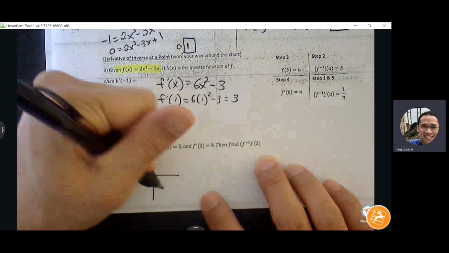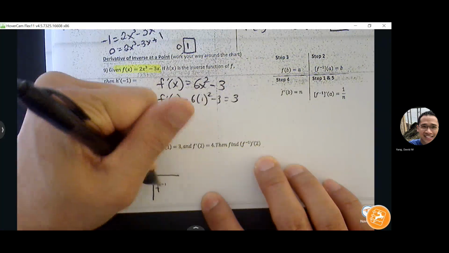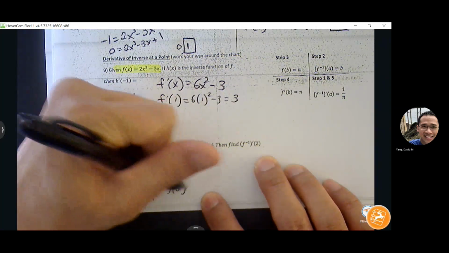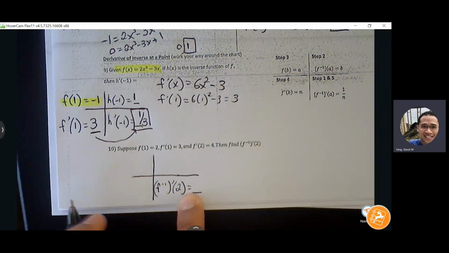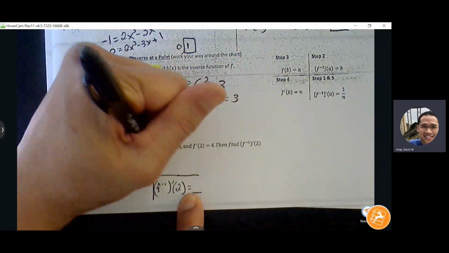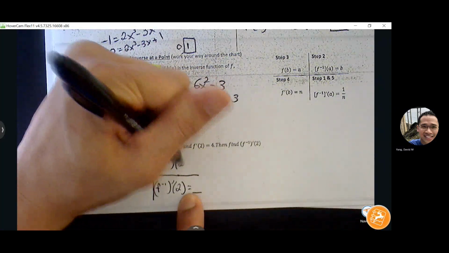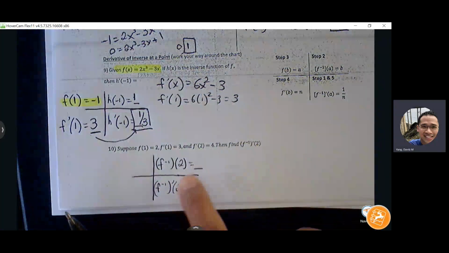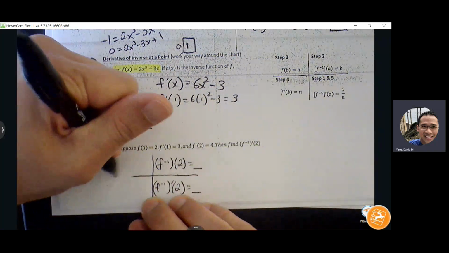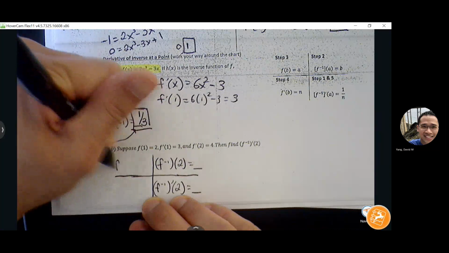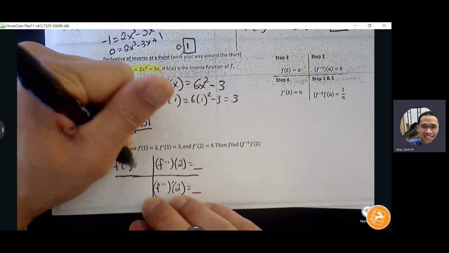So I like to start at the very bottom here. I know x2 is the x value of my inverse function. And if 2 is the x value of my inverse, 2 must be the what of my original? Must be the y value.